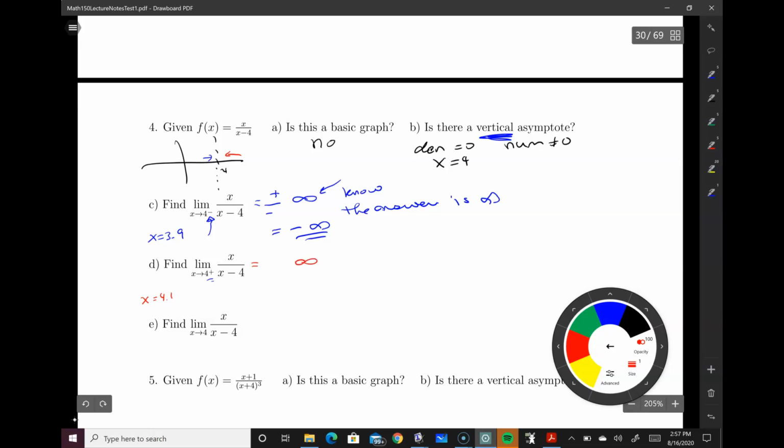Again, I know the answer is infinity, I'm just trying to figure out the sign of the infinity. If I put in 4.1, I get a positive over a positive, so I get a positive infinity. Since these are not the same kinds of infinity, this is an answer of does not exist.